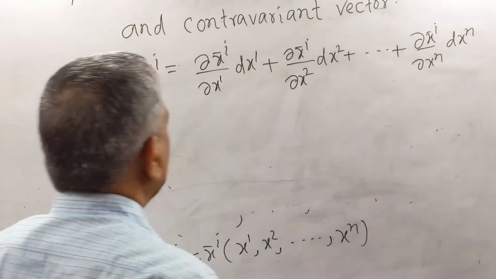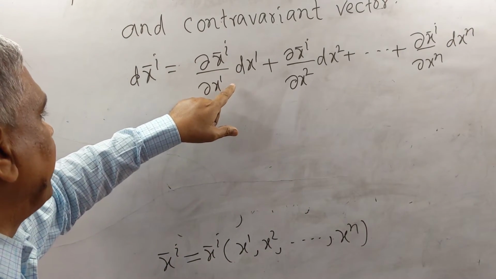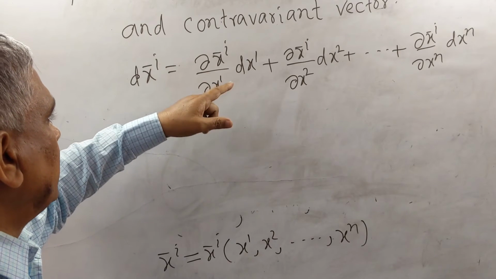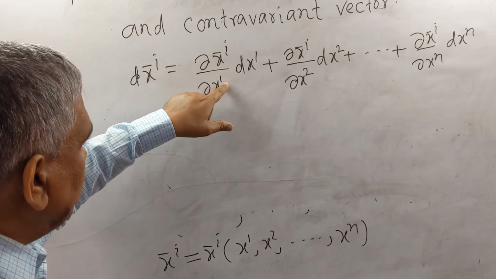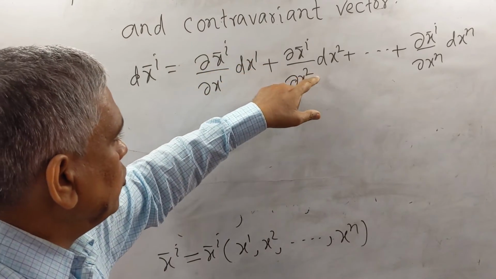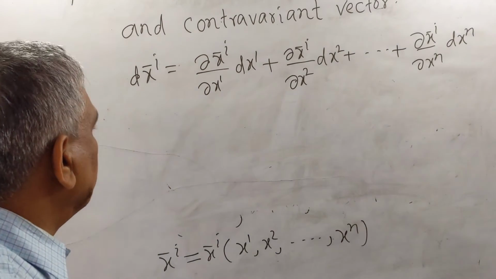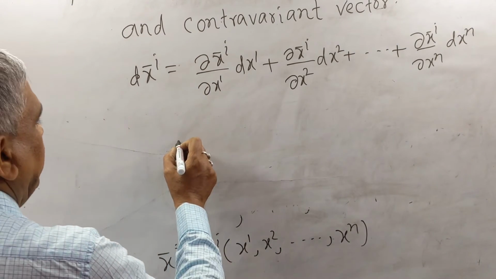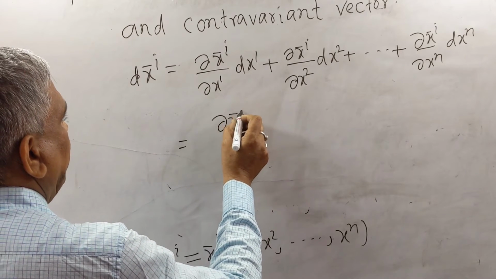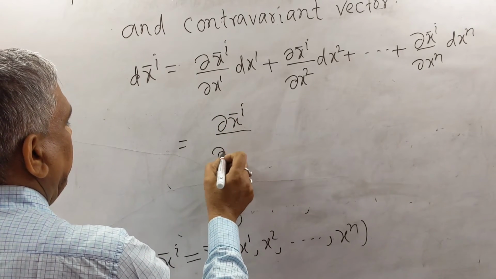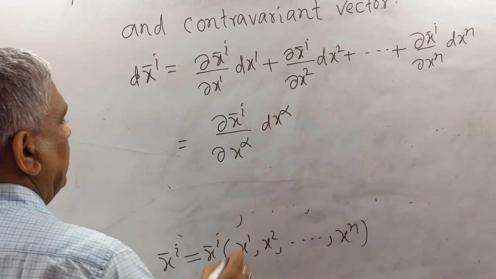Here we see that in each term the suffix is repeated: 1 1, 2 2, n n. So we may write it with a dummy suffix as del x bar i by del x alpha dx alpha.